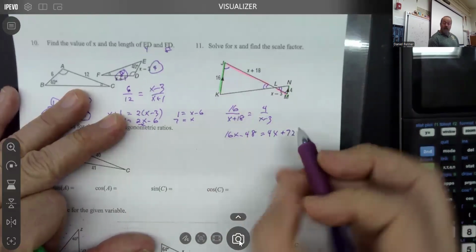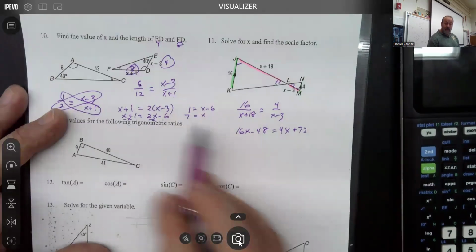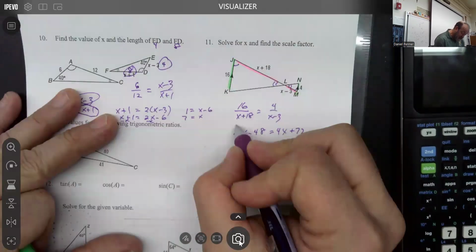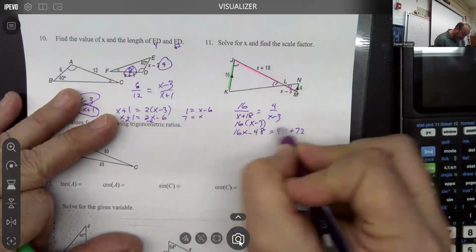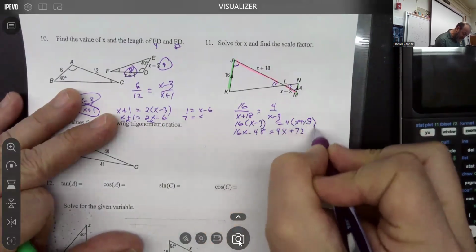Over here, I showed that distributive property, and over here, I kind of skipped that. But if it helps you to show that it was 16 times x minus 3 being 4 times x plus 18, and then you did the distributive property, that's okay too.